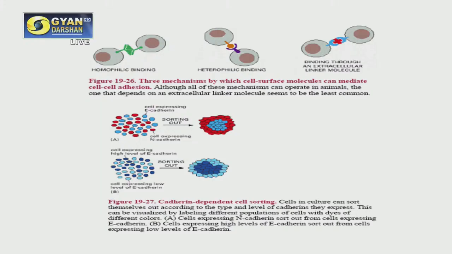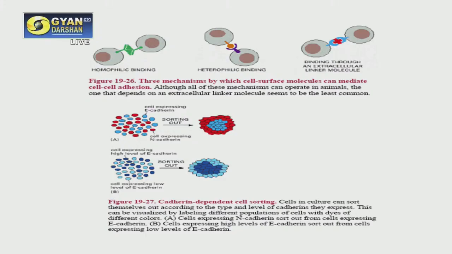And in the next figure, it has been shown what I discussed as cadherin dependent cell sorting. Let me just repeat once more: if you have an aggregation of different kinds of cells, the cells have a property where they can sort out according to the type and the level of cadherin.